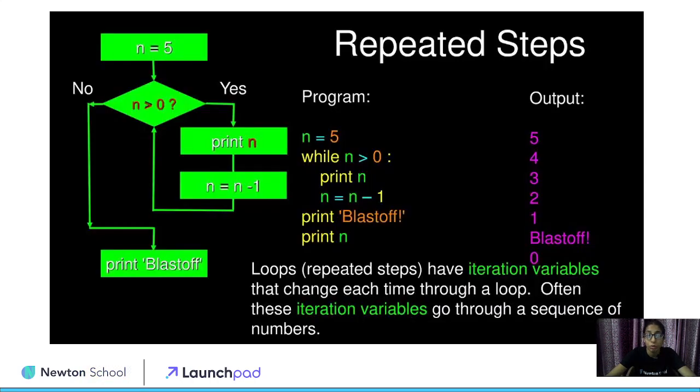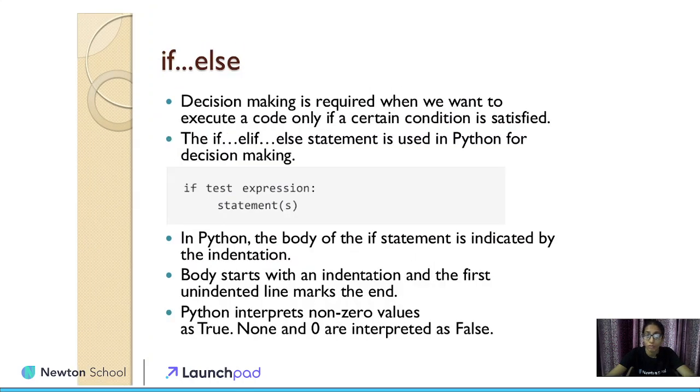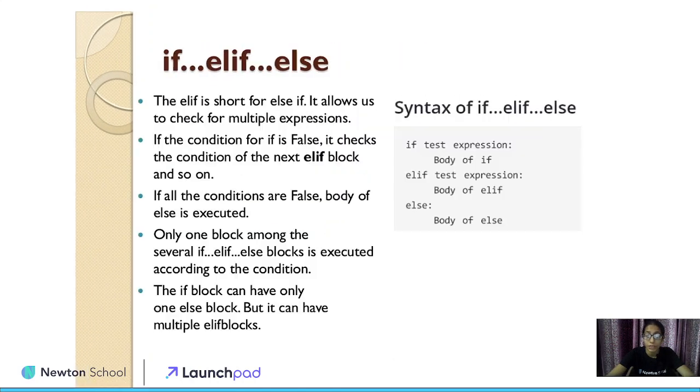We have read about the while loop, then the for loop and the if else statement. Now comes if, elif, and else. How is the syntax of these used? elif is a short form of else if: el stands for else, and if stands for if, together making elif.